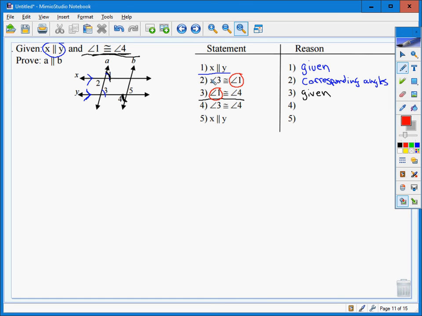Then it went from step 2, the beginning, all the way to step 3, the end. We have a property that says if A equals B and B equals C, then A equals C. And this is the transitive property.